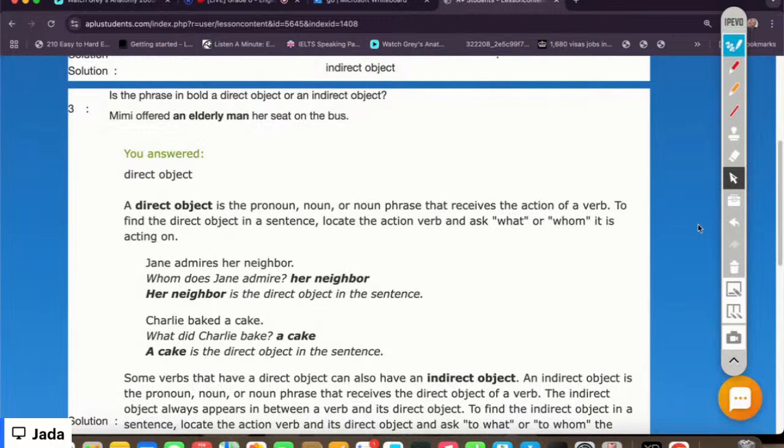Alright, so a direct object is the pronoun, noun, or noun phrase that receives the action of a verb. So usually the direct object will receive the action of a verb. It could be either a pronoun, a noun, or even a noun phrase.